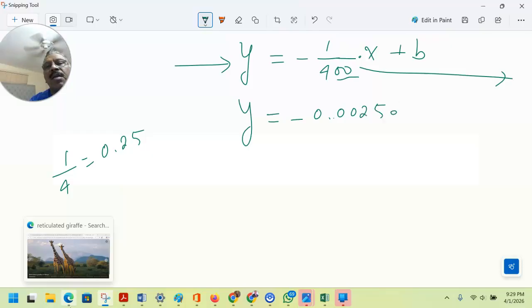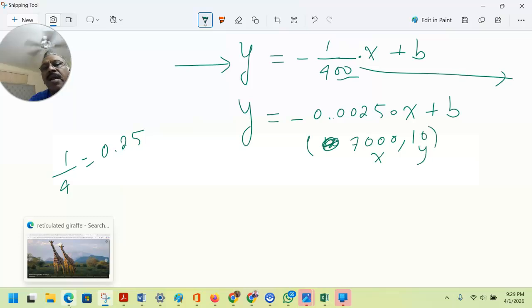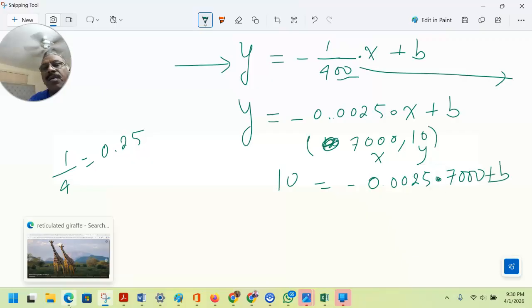Then you could plug in that 7,000 widgets were sold at the price of 10, so minus 0.0025 times 7,000 plus b. You could do the work this way also. I just wanted to show you.